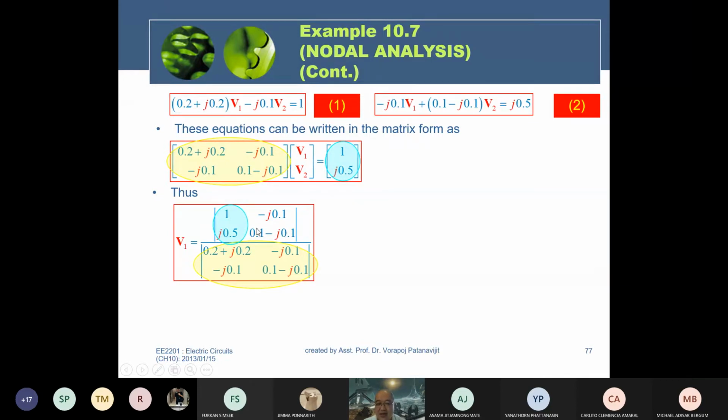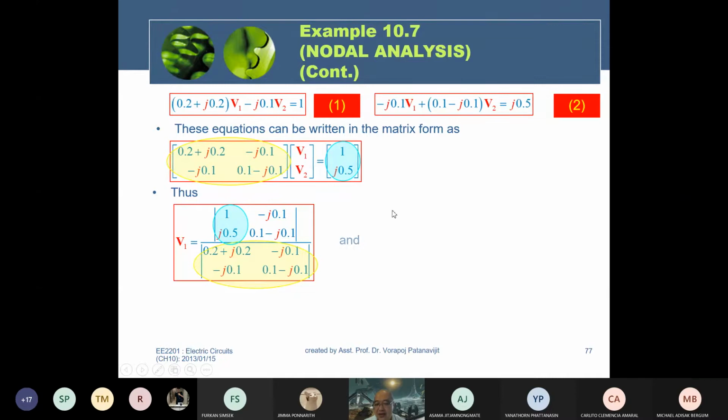It has a numerator and a denominator. The denominator is the determinant of the coefficient matrix. How do you determine the determinant? You can find it from calculus. For the numerator, it is the same matrix, but the first row is replaced by this constant vector, representing the solution of V1.